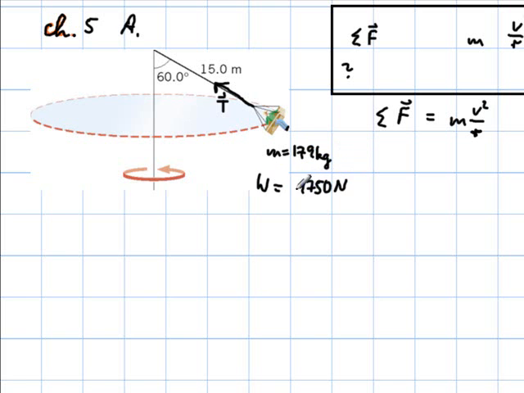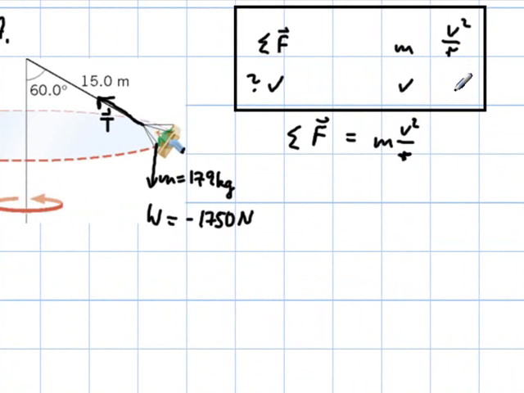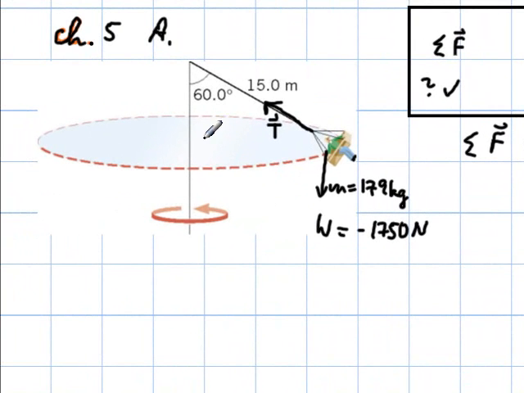It takes a moment to calculate. So the weight here, that one is given. The mass is given. And here on velocity squared over r, well, we don't know what that is. We do know what the radius is. That's easy to calculate. In fact, let's do that right now.